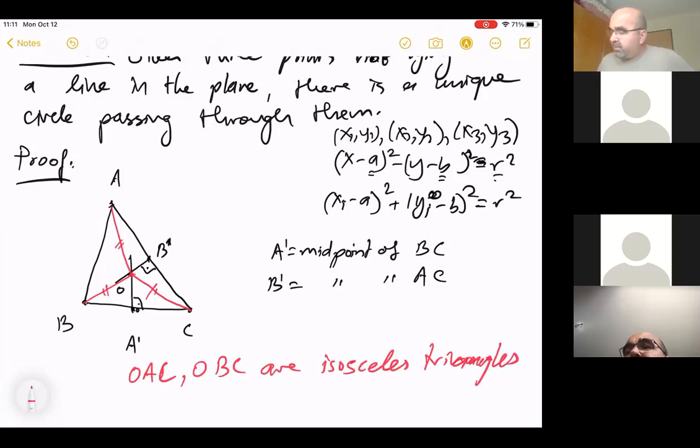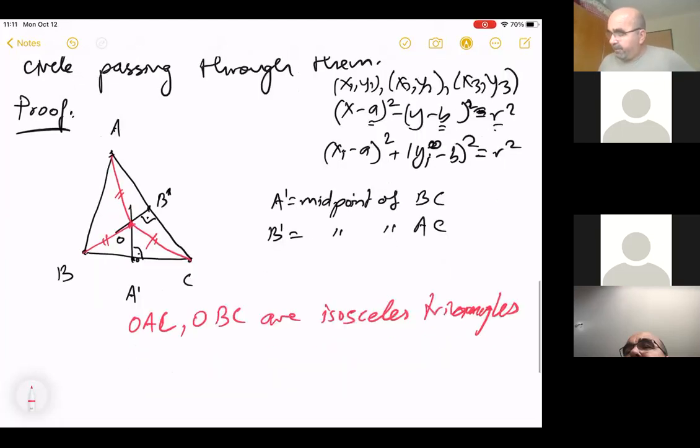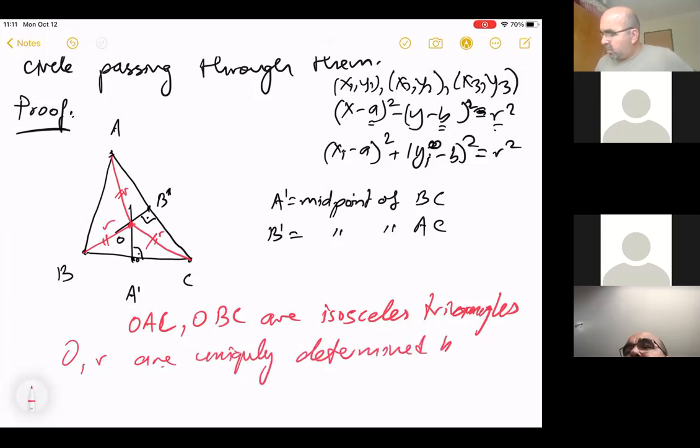So this point O is uniquely determined by ABC. Let's call this distance R. O and R are uniquely determined by ABC.